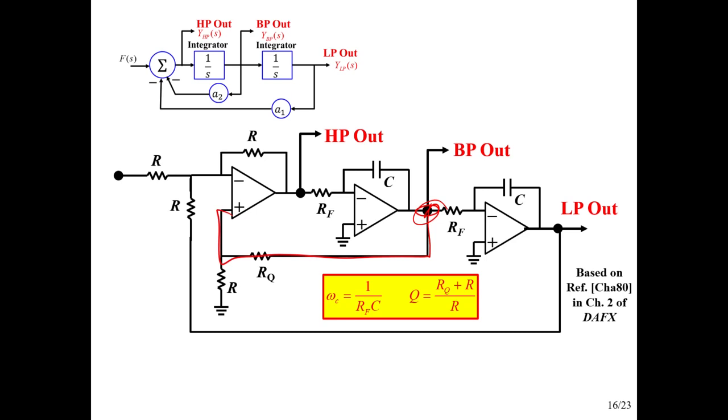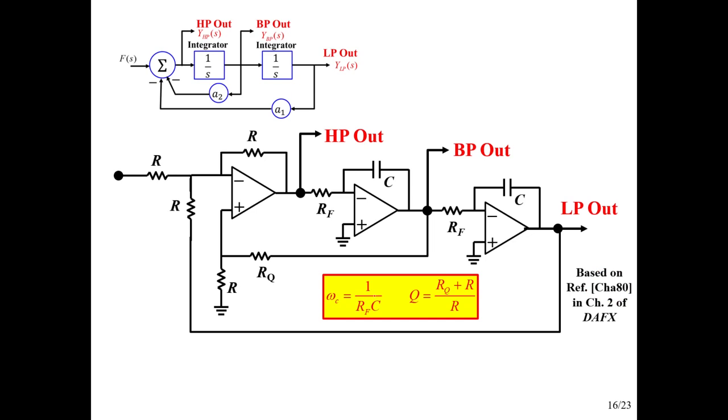And now you might say, oh, why is this one going into the positive? Well, remember, we have to account for the negative gain, the negative gain, and the negative gain. So there's a little bit of work that I skipped to get to this particular structure, but I've showed you enough. And this is being referenced in Zolzer's book as dating back to 1980, Chamberlin's book back in 1980.